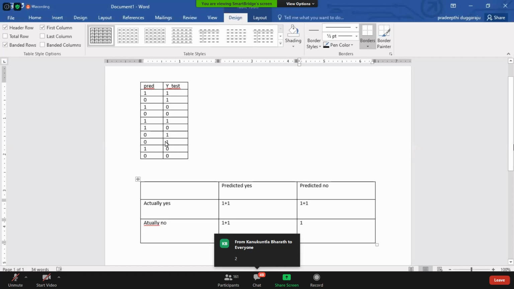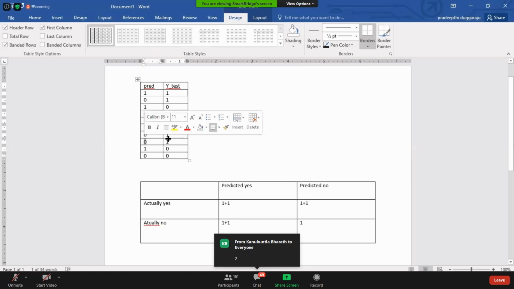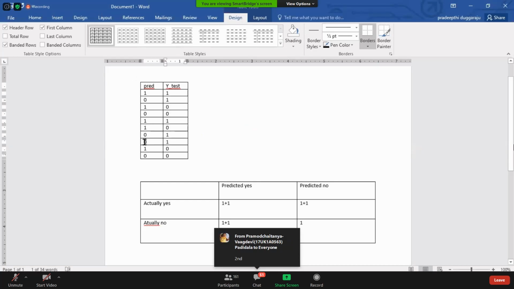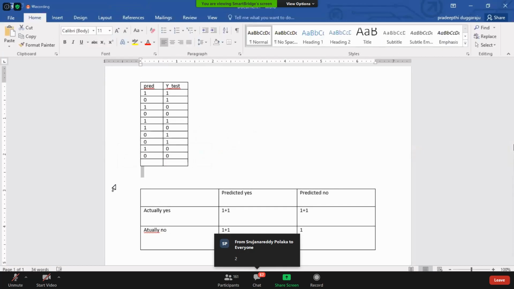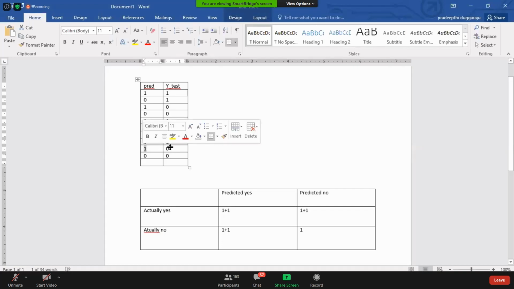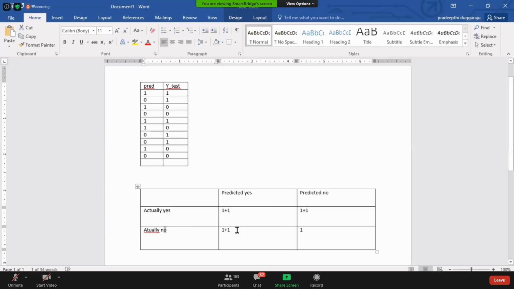Again, actually, it is 1, but predicted as 0. Then actually it is 0, but predicted as 1. Plus 1.